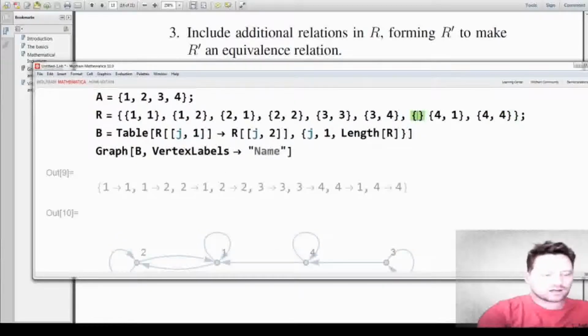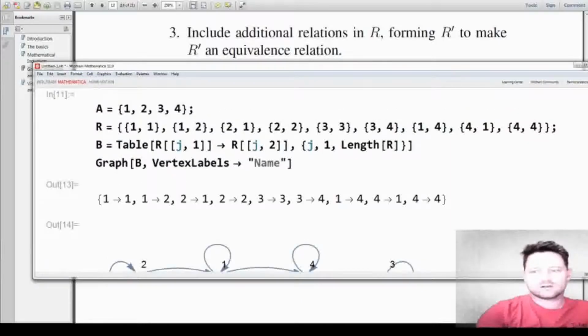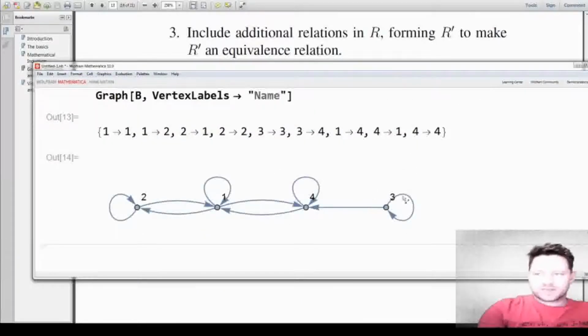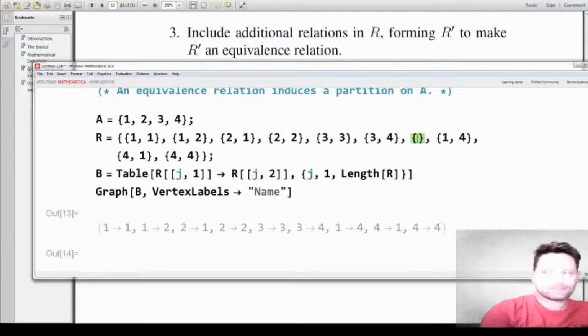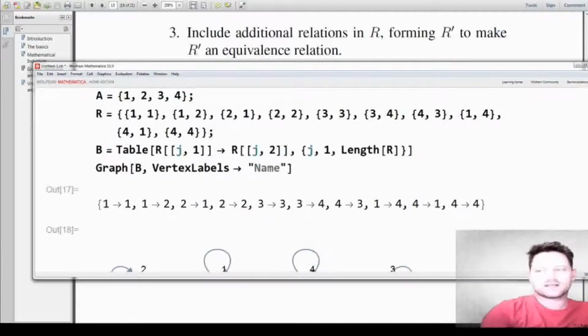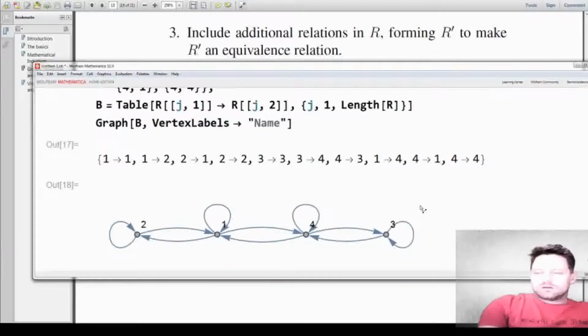I'll put it right in here, 1, 4, and let's have a look. All right, that's better. Now we also need 4 going to 3. So let's include that right here, 4 going to 3. All right, so now it looks to be symmetric.